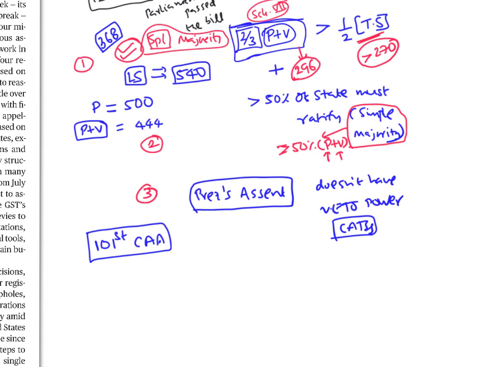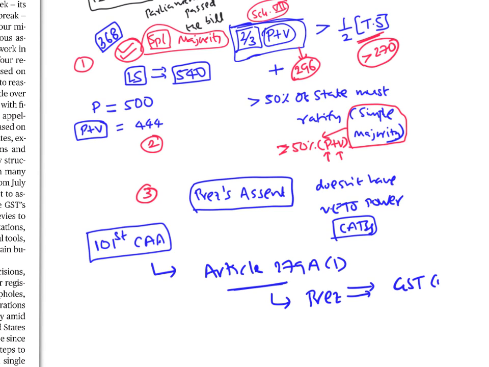Constitution was amended, and there was a new Article 279A1, and this article gives president an authority to form GST council.